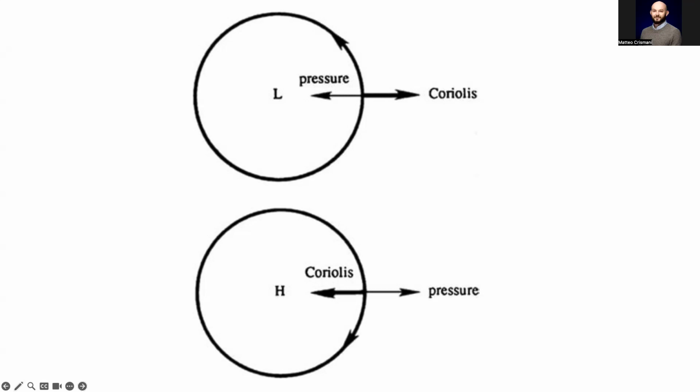Does air ever go from high to low? Yes. Why? It's constantly changing. There's such a thing as turbulence, and then there's response. This is a first order motion.